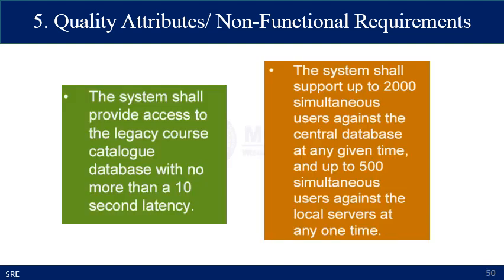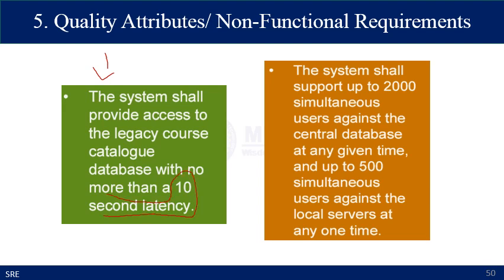Here are two definitions or requirement specifications for non-functional or quality attributes which can be measured. For example, if you look at the first example, it states that the system shall provide access to the legacy course catalog database with no more than 10-second latency.